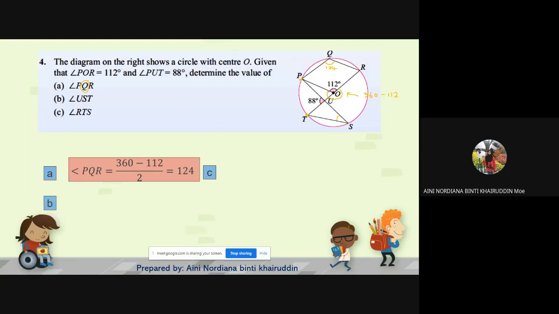So first you have to calculate this angle, because this angle is twice angle at circumference. So how to calculate this angle? Since this is straight line, this angle equals to 180 minus 112. Once you get this angle, then you divide by 2, you'll get this angle. So this angle equals to 34.